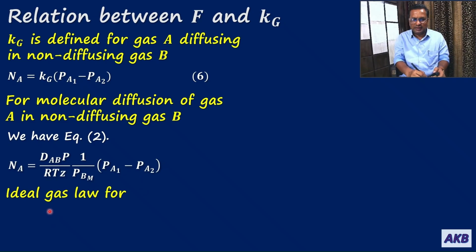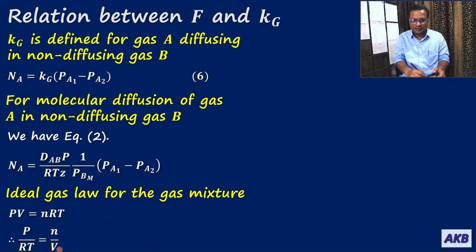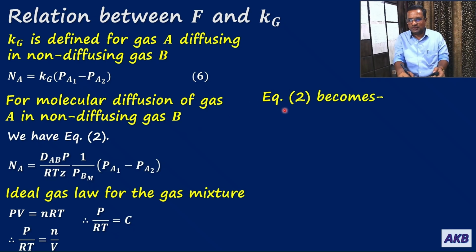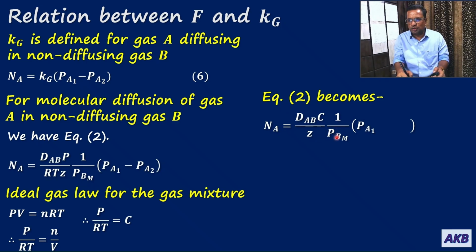Now, we use the ideal gas law in order to replace P upon RT. The ideal gas law for the gas mixture is PV is equal to nRT. That is, P upon RT is n upon V. n upon V is nothing but capital C. So we will be replacing P upon RT with C. So that gives us equation 2 as Na is equal to DAB C upon Z into 1 upon PBM into PA1 minus PA2.